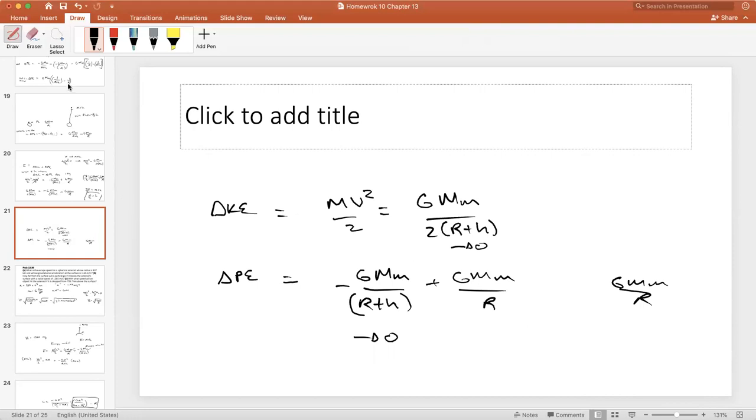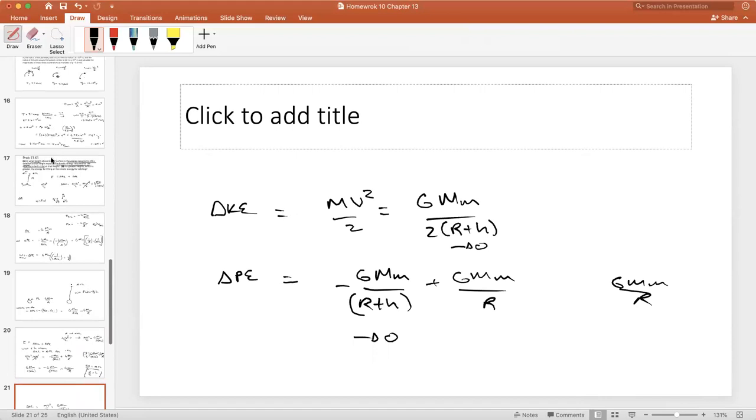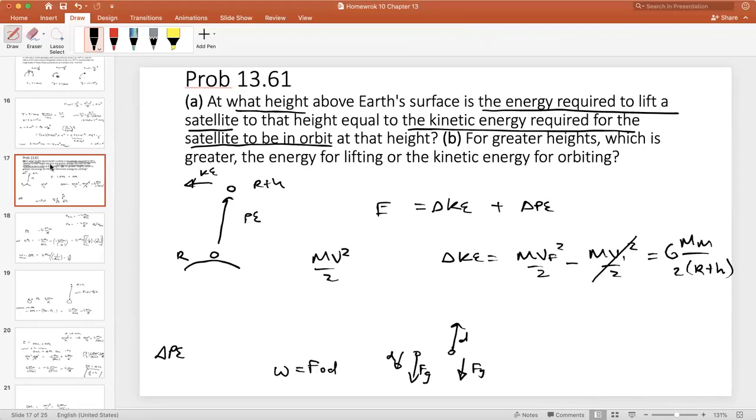That's what it's basically asking you: for greater heights, which is greater, the energy for lifting or the kinetic energy of orbit? So for really great heights, are you going to have to put in more energy in the kinetic part or more energy in the lifting part?